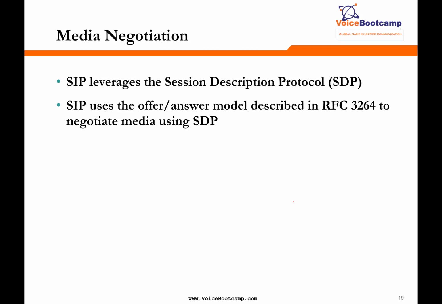Now, when a SIP phone establishes a call, or you pick up the handset and you dial the phone number, it does a lot of negotiation, and media negotiation is a vital part of the call. It will dictate whether the phone will support an audio call versus video call, whether a certain codec is supported or not, the RTP ports that are supposed to be used, and so on.